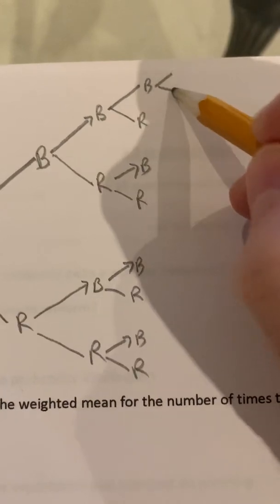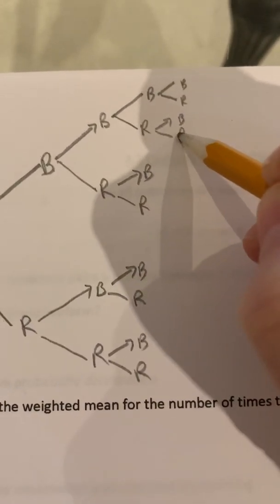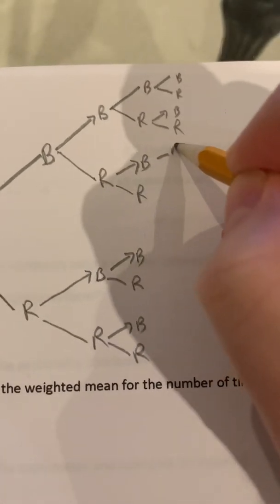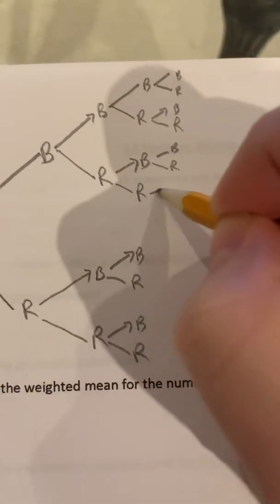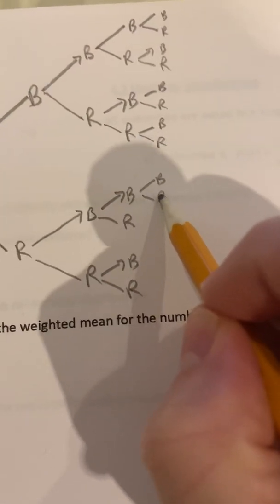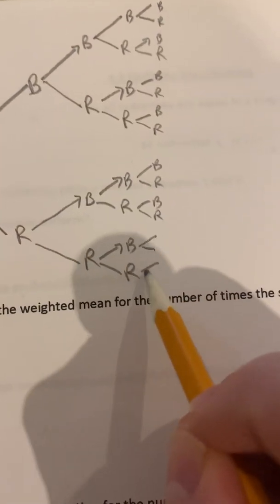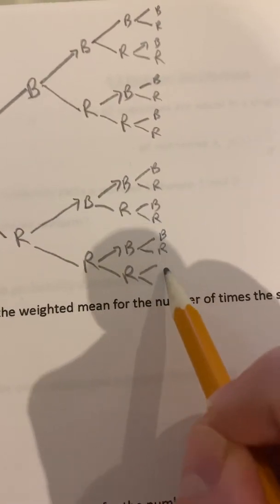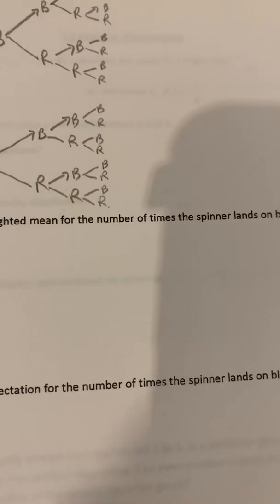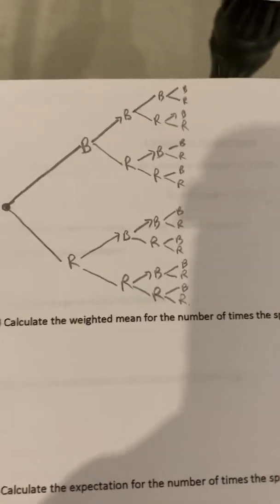And one more time for our 4th spin. Okay, so that's our tree diagram there.